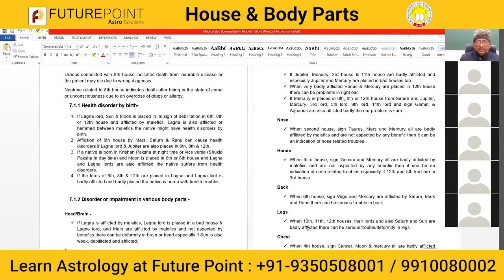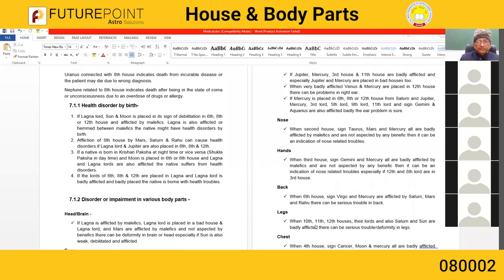For legs, 10th, 11th, 12th houses. Actually, it is not 10th, 11th, 12th. For legs, it should be 6th, 7th, and 8th. The 6th house is the right leg, the 8th house is our left leg, and the 7th house is our feet. So 6th, 7th, and 8th houses.